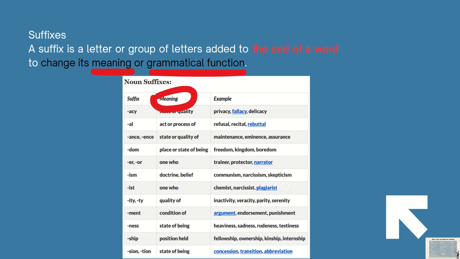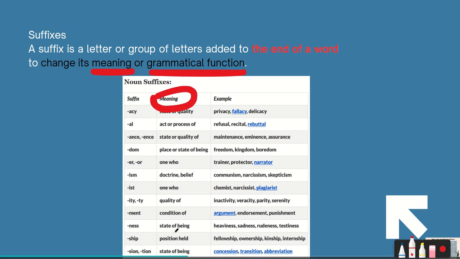Pharmacist. All right, IST. And another group of suffixes which mean person are ER and OR, one who. Trainer, protector, narrator. These are ER and OR. Teacher, translator, dictator, and so on.